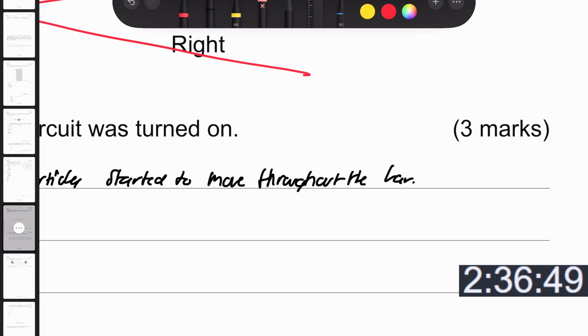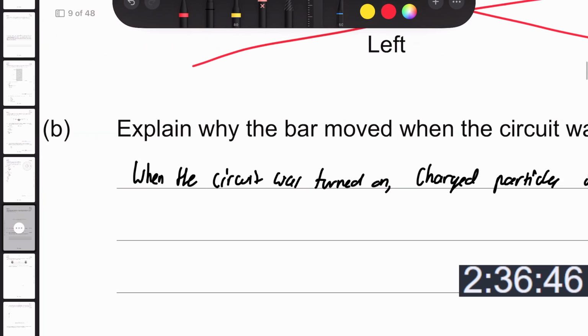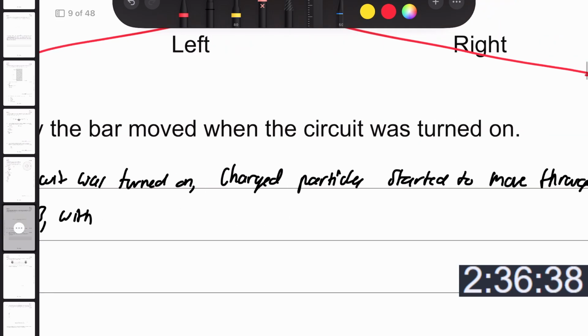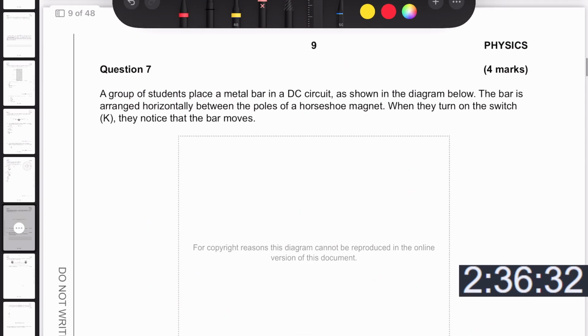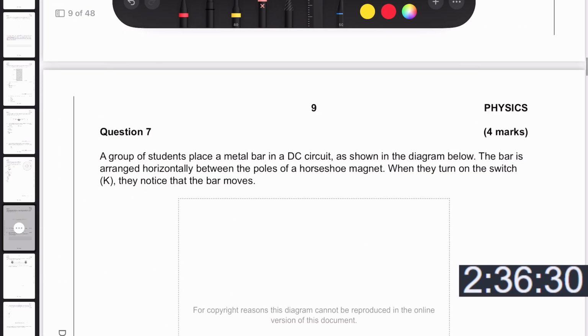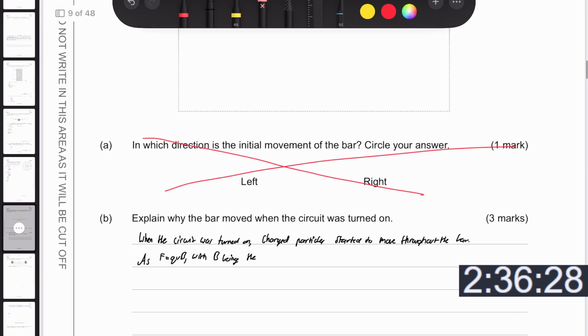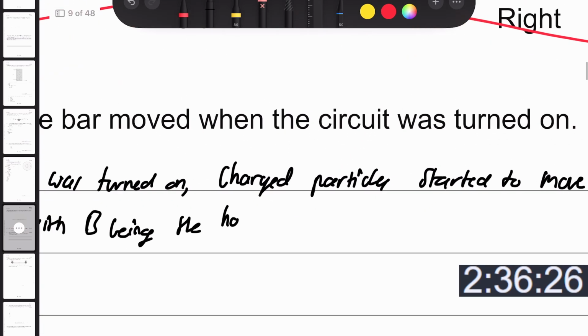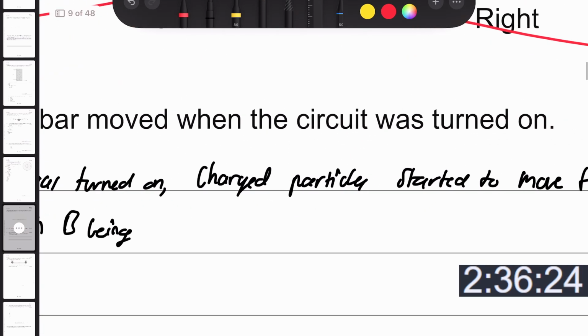And then maybe I'll say F equals QVB, with B now being the permanent horseshoe magnet.